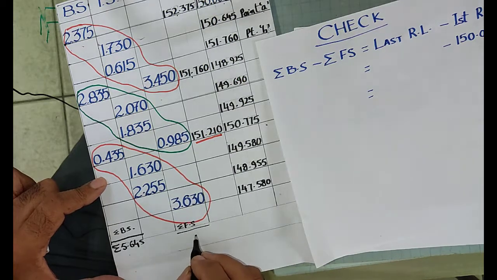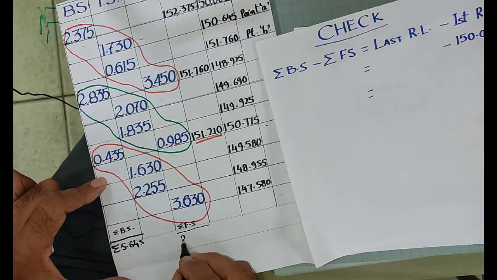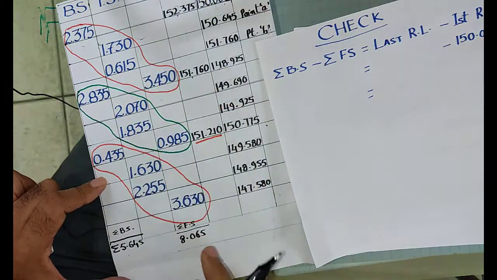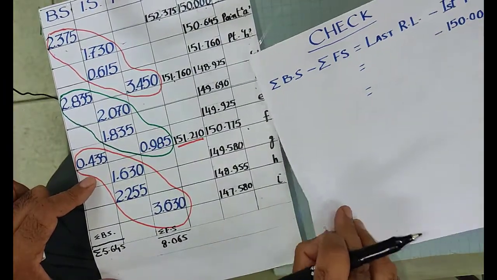This comes to be 8.065. You add all the foresights.